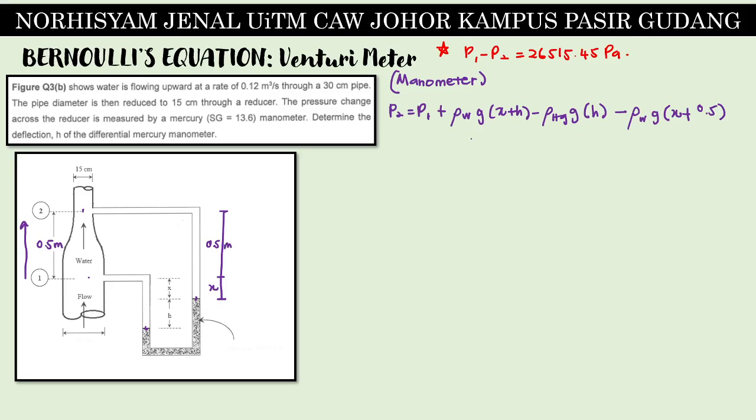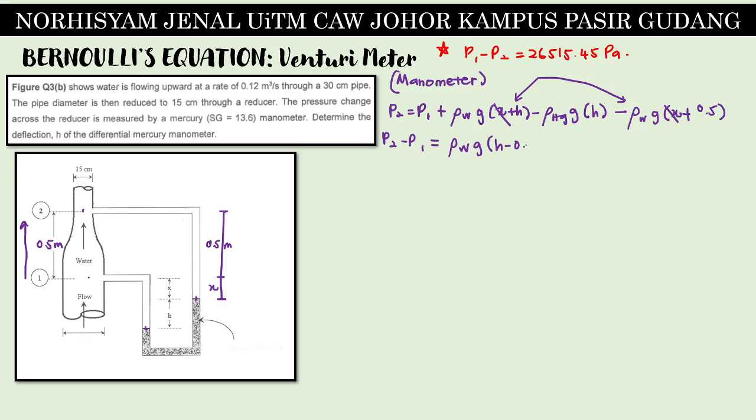Okay, so is there anything that we can cancel out? Here we have rho W G X plus H. So this X is positive. This X is negative. If we check on these two, we can cancel out X for both sides. And then we can do P2 minus P1 is equal to rho W G. We combine. This is positive H. This is minus 0.5.